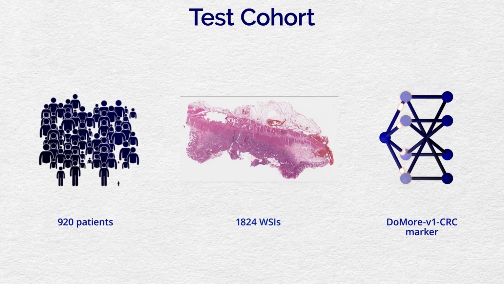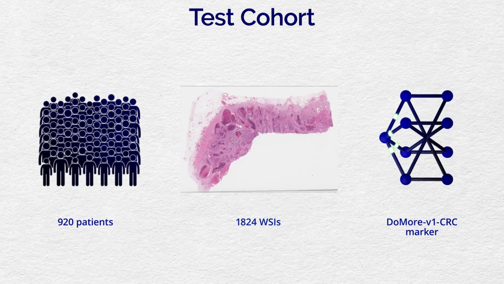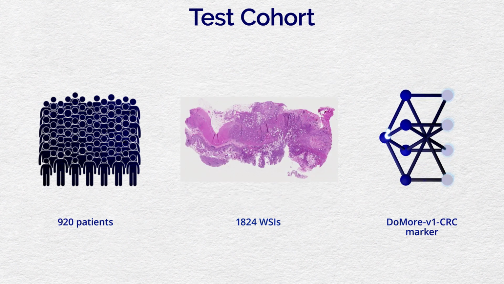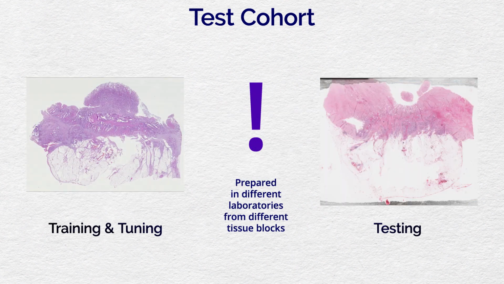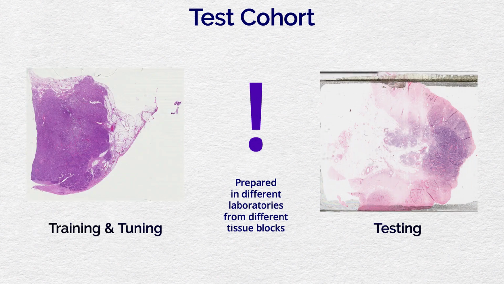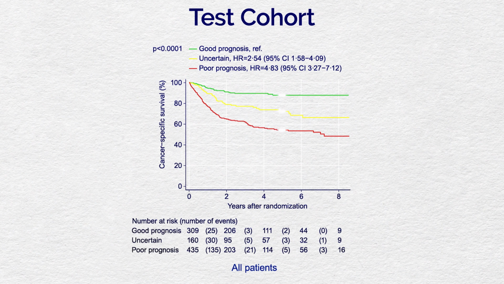To evaluate the Tumor V1 CRC marker, we first analysed a test cohort consisting of 920 patients from the Gloucester Colorectal Cancer Study, UK. Their slides were prepared in a different laboratory and from different tumour tissue blocks than those used in the training and tuning cohorts. The marker separated the patients into 3 risk groups with clearly different cancer-specific survival.